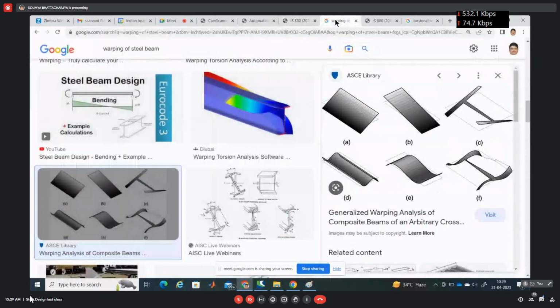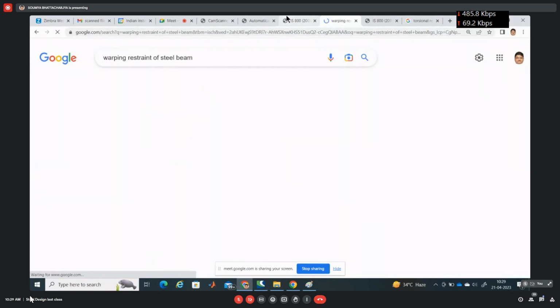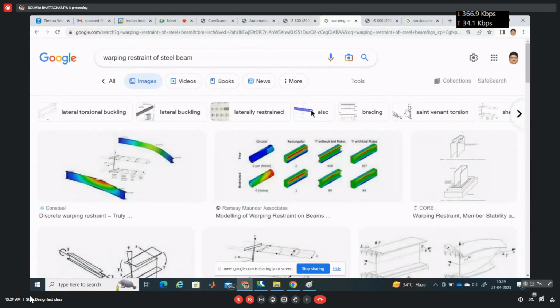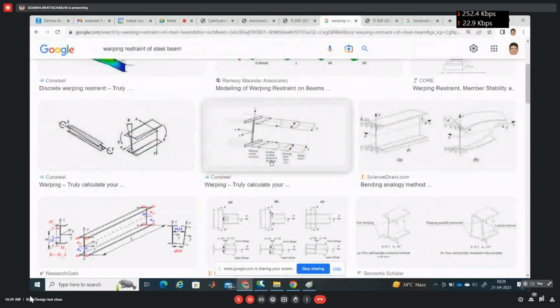Now, how can I provide warping restraint? It is not quite simple to provide warping restraint throughout the length.